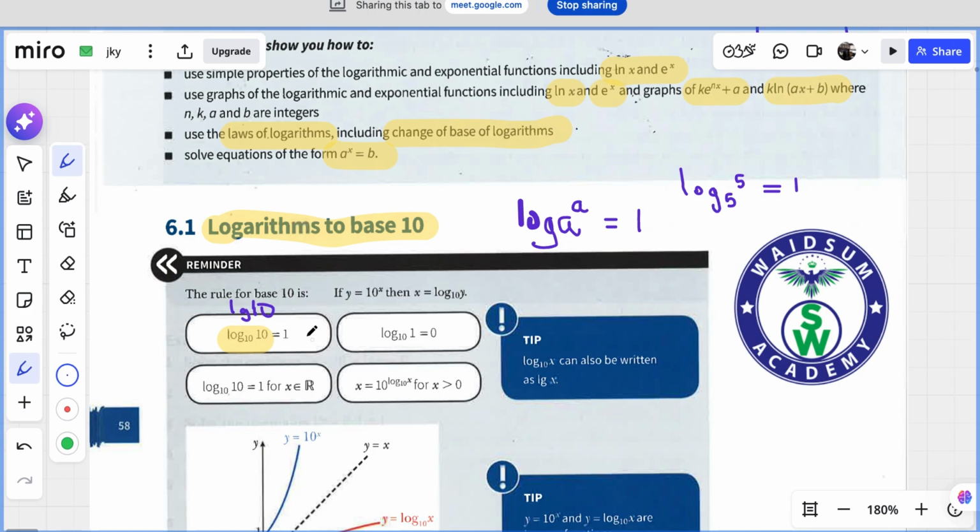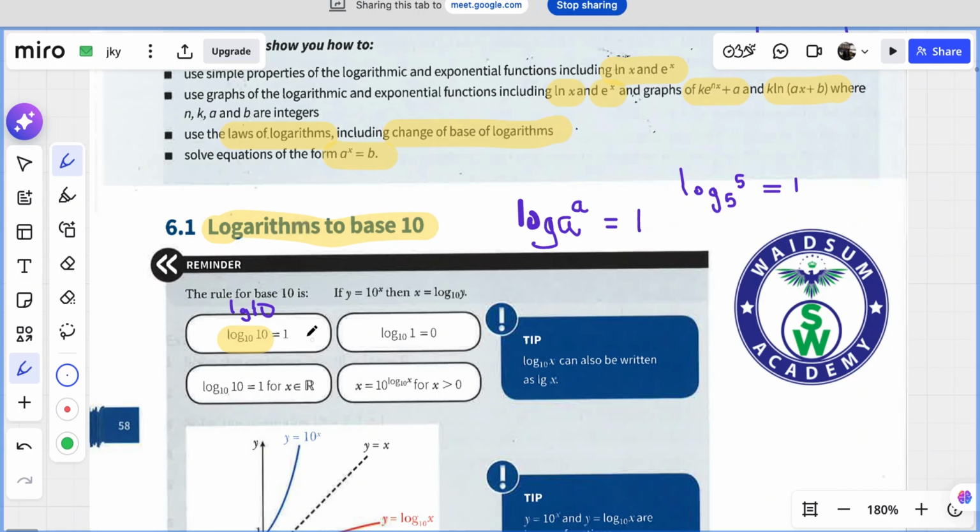So log base a of 1 is also equal to 0. Take note of this.